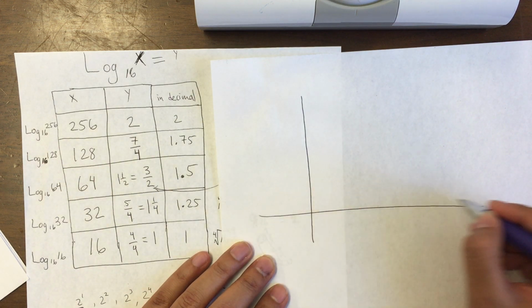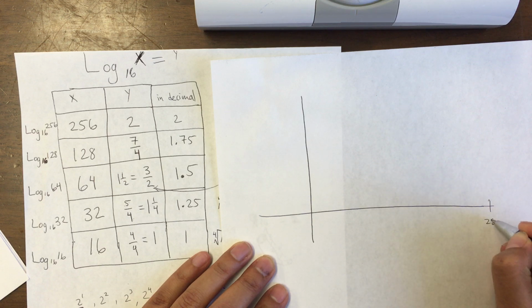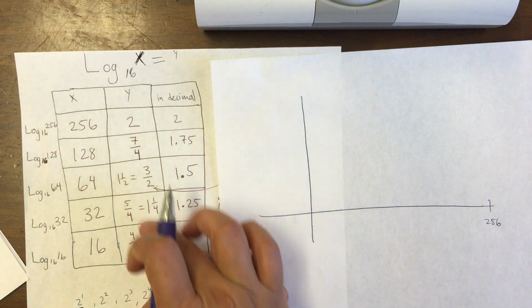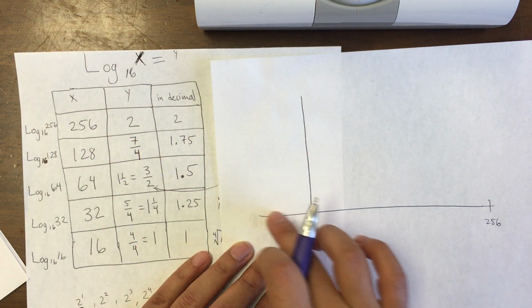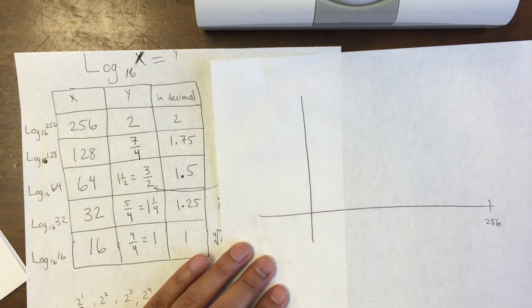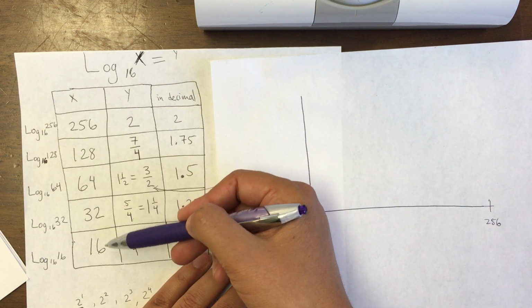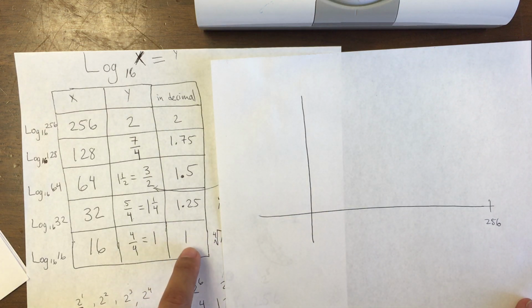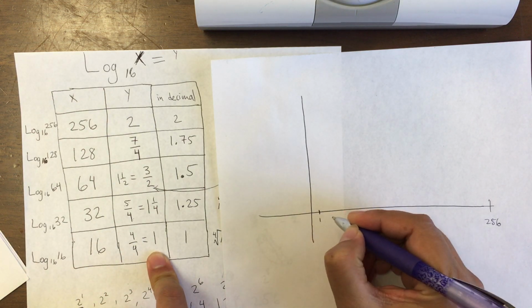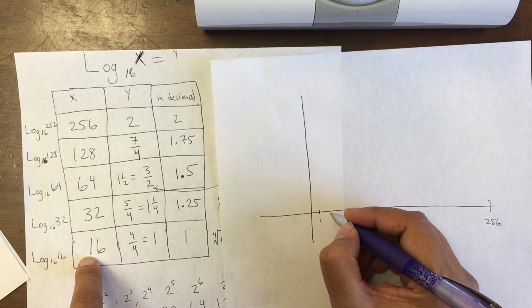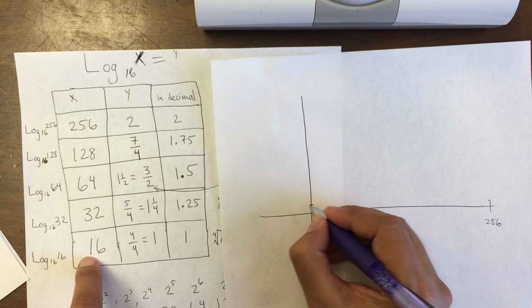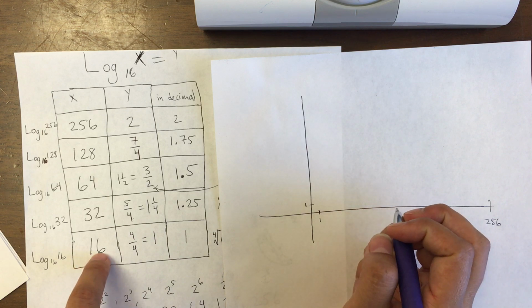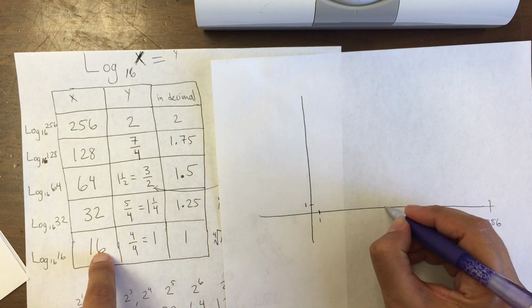So when it says 256, it's talking about the x values. Y is your y values. So x and y, just like before, but now the bigger values are on x, the smaller values are on y. Let's say that my value for y is 1. For x it is going to be 16.